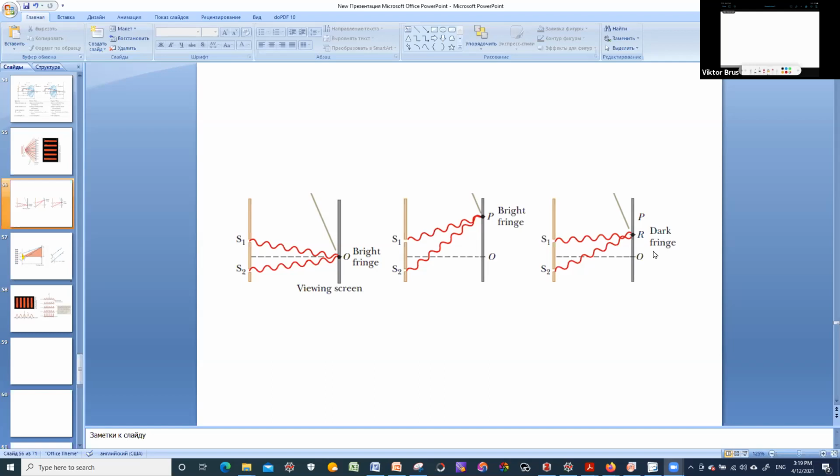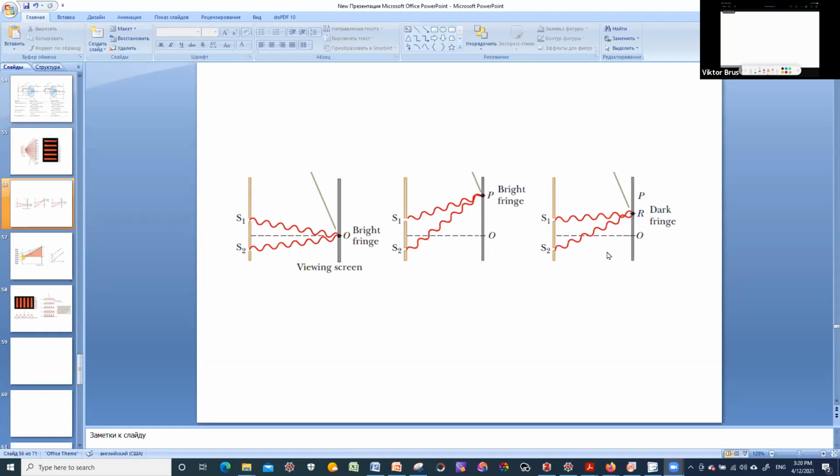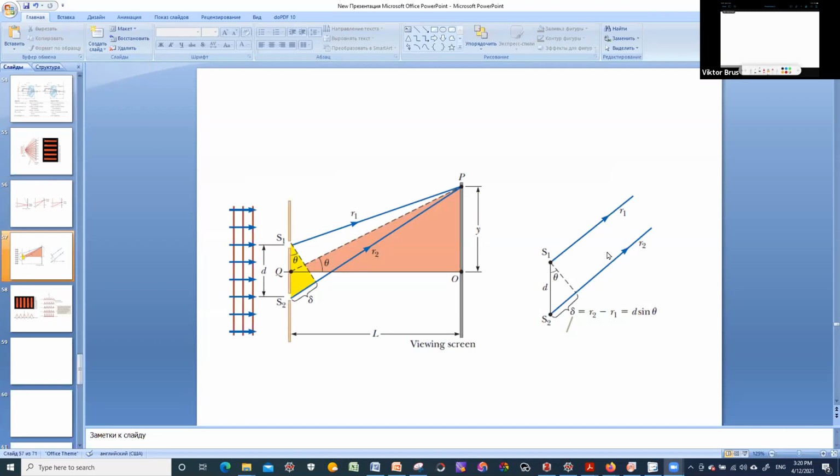So what is the reason for this effect? Why at some points do they come in phase, and at some points in opposite phases? That originates from the difference in path for electromagnetic waves from both of the slits towards the certain point where we want to check what situation will be realized.